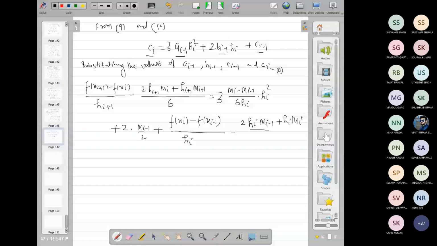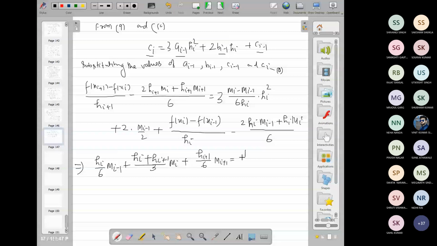So we obtain this equation, and after simplification this becomes hi upon 6 mi minus 1 plus (hi plus hi plus 1) by 3 mi plus hi plus 1 by 6 mi plus 1.